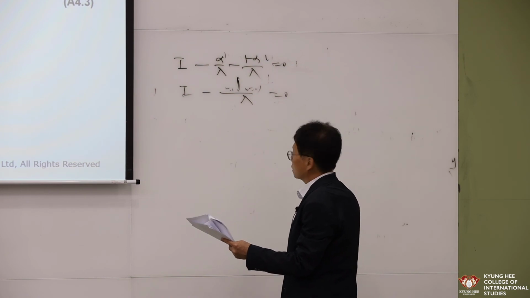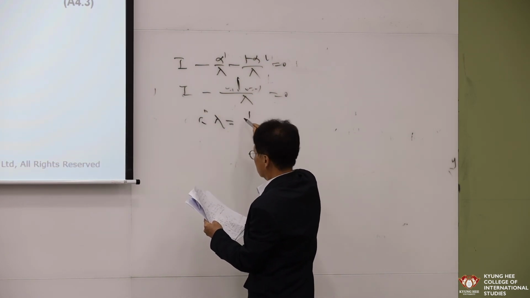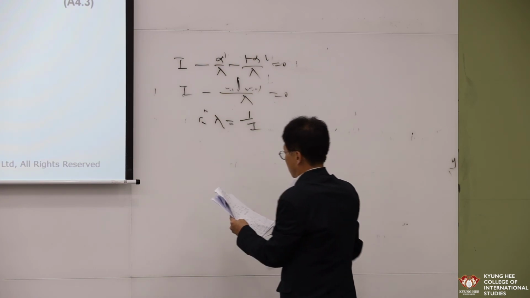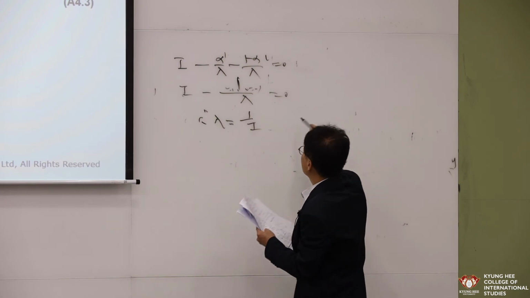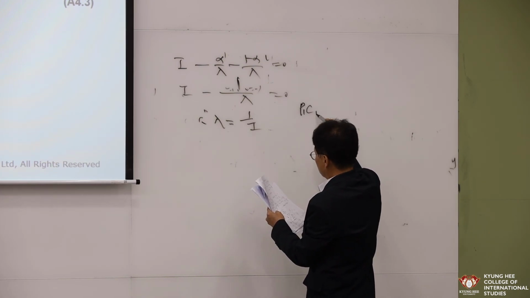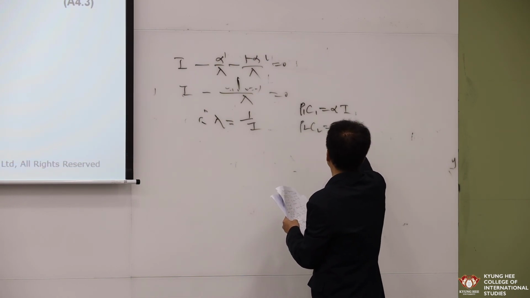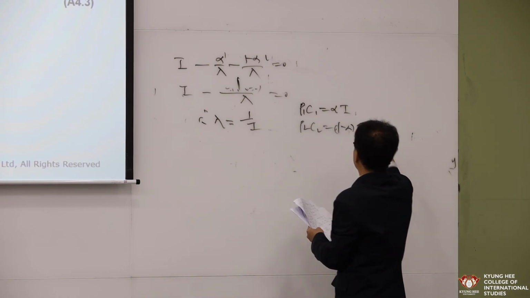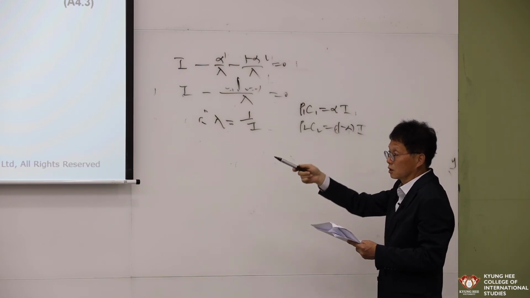So lambda is equal to 1 over I. And there we know that P1C1 was equal to alpha I, and P2C2 is equal to 1 minus alpha I. That is constructed from the first order condition.